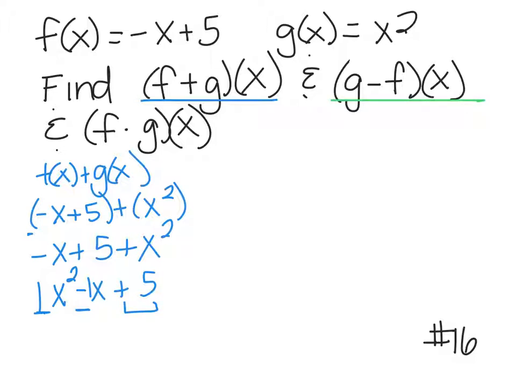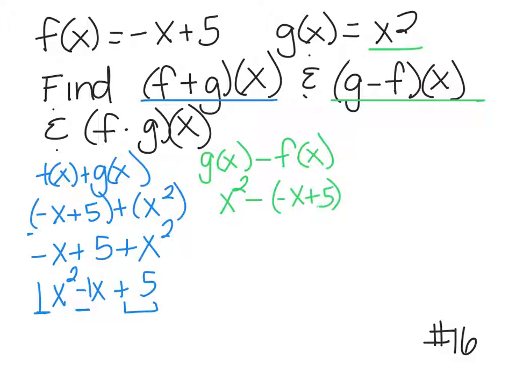All right, let's look at this one. Order matters. What I'm looking for here is g of x minus f of x. Since g of x is one term, I'm just going to substitute. Since f of x has more than one term, I'm going to use parentheses, negative x plus 5. I'll distribute, so I have positive x minus 5, and I'm already in order. So again, the coefficients are 1, 1, and negative 5.